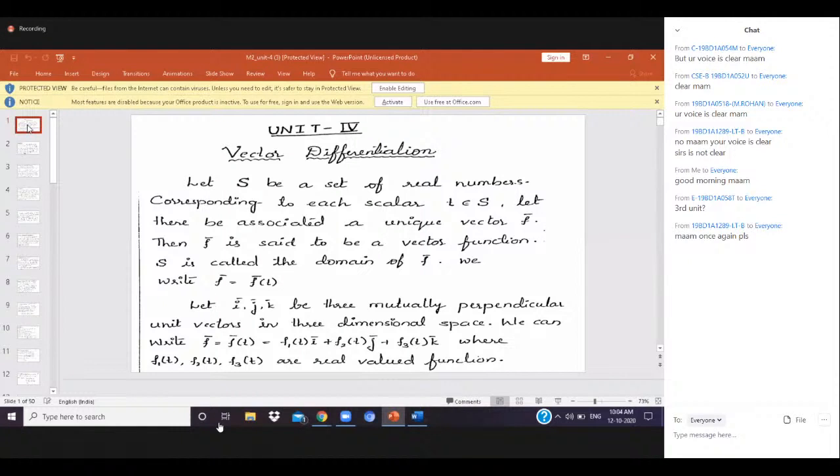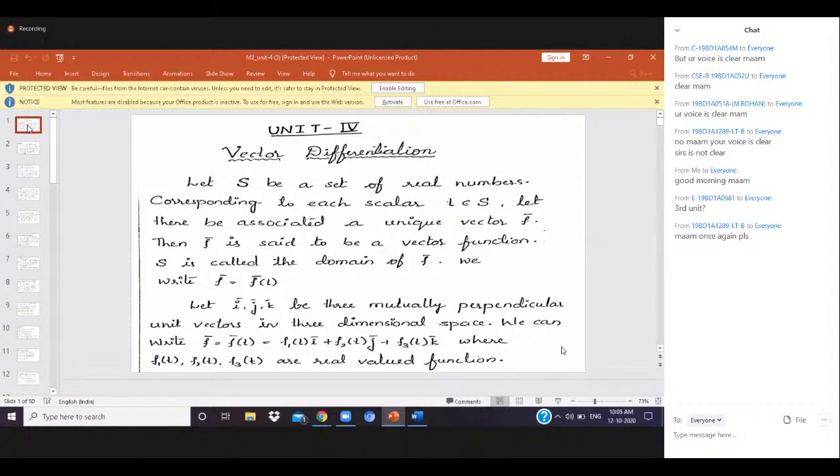This f bar of t is denoted using i bar, j bar, k bar, the three mutually perpendicular unit vectors in three-dimensional space. So the symbolic representation is f1 of t i bar plus f2 of t j bar plus f3 of t k bar. Here f1, f2, f3 are real valued functions.